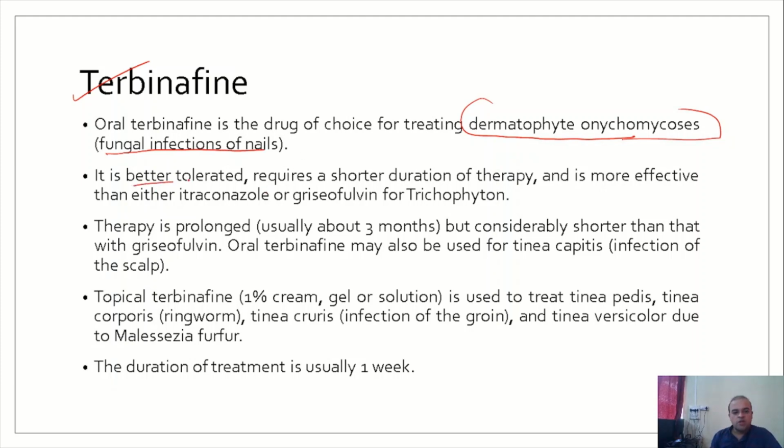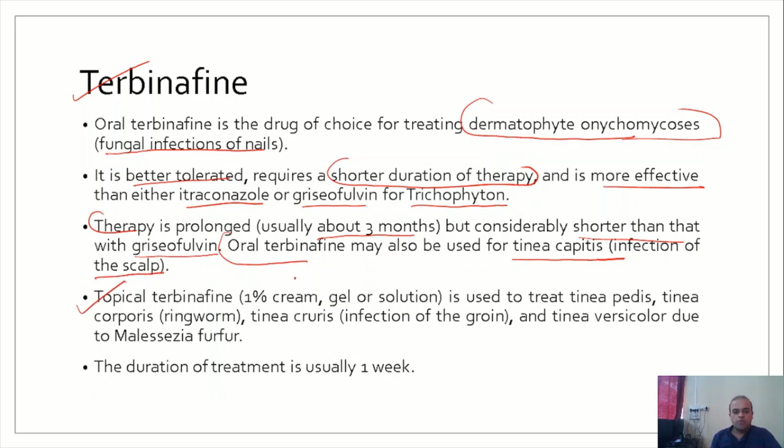It is better tolerated, requires a shorter duration of therapy, and is more effective than either itraconazole or griseofulvin for trichophyton. The therapy is prolonged, usually about 3 months, but considerably shorter than with griseofulvin. Oral terbinafine may also be used for tinea capitis, which is an infection of the scalp.